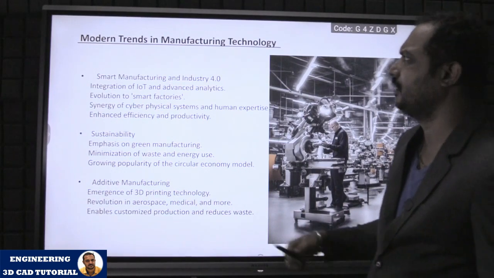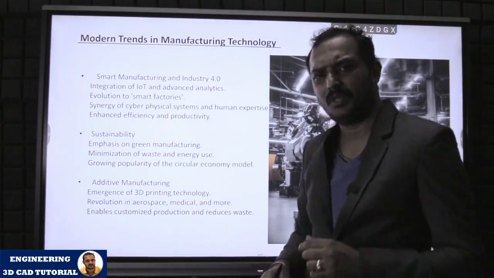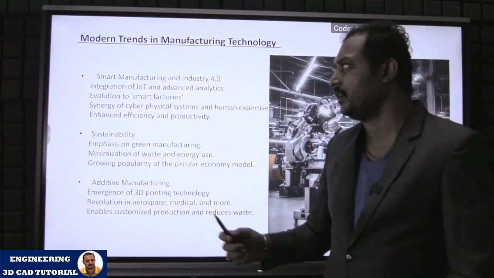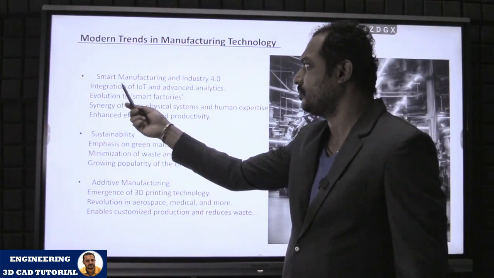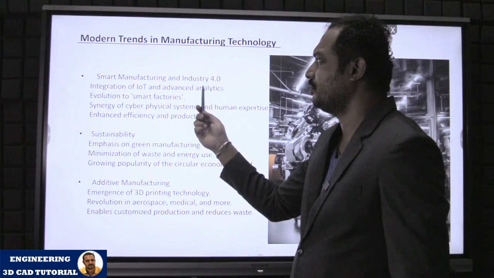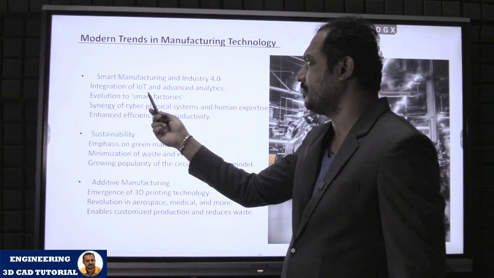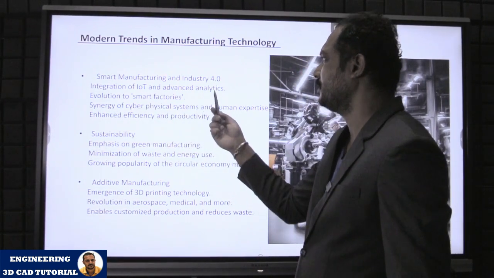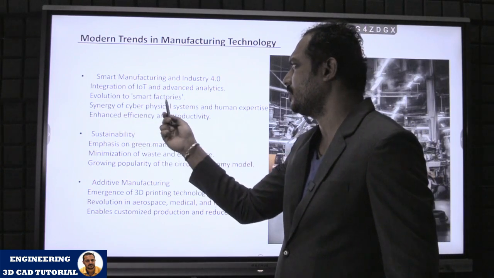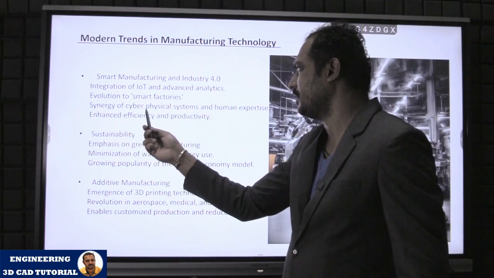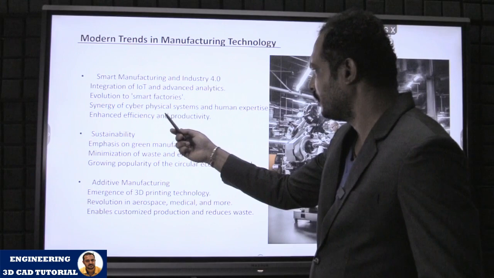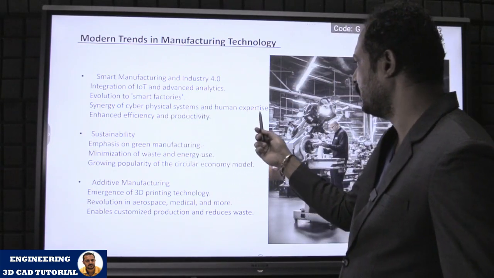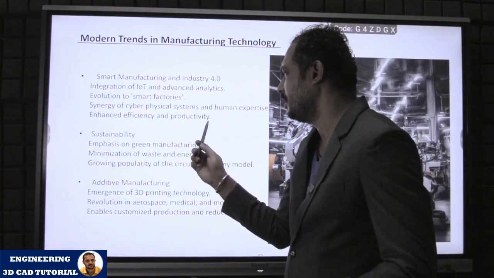So modern trends in manufacturing technology, nowadays we are calling it smart manufacturing and Industry 4.0: integration of IoT, Internet of Things, and advanced analytics, evolution of smart factories, cyber-physical systems, and human-enterprise enhancement of productivity.